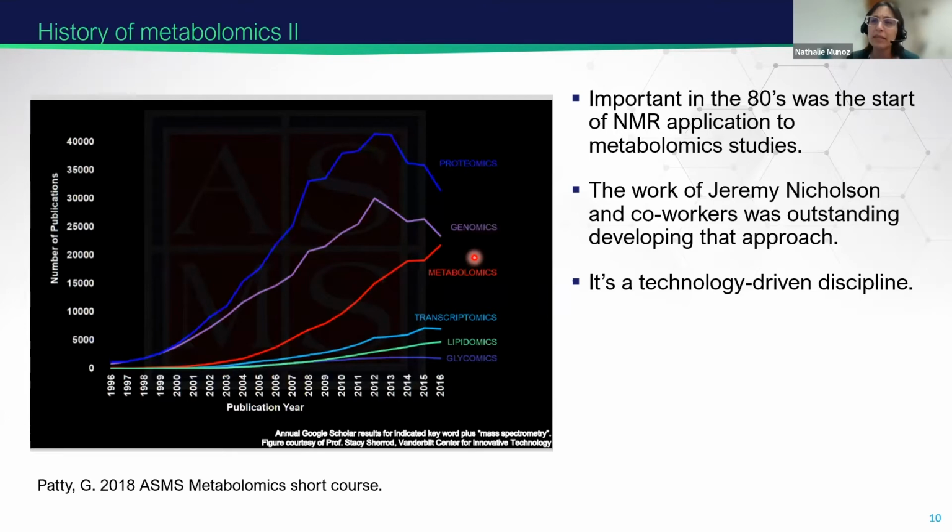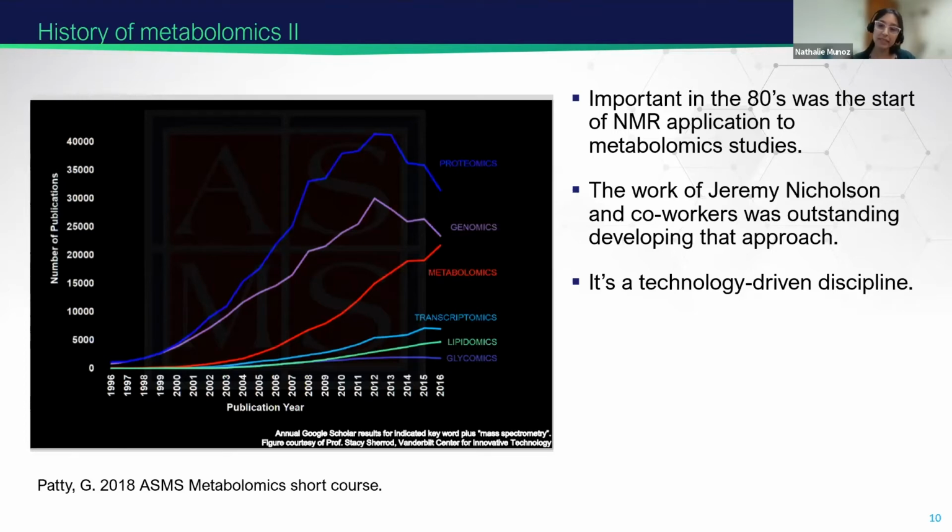And I was checking yesterday night in PubMed, and for proteomics for the year 2020, I could see around 14,000 papers were published, while for metabolomics, it was 9,000. So it's still growing, and there's room for growth.